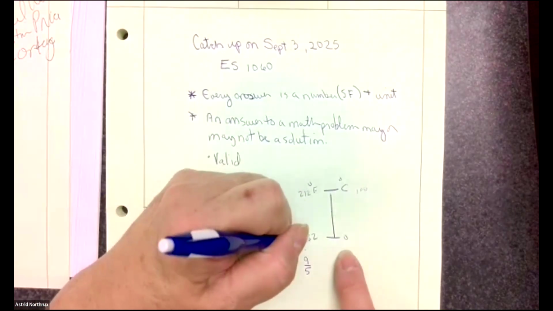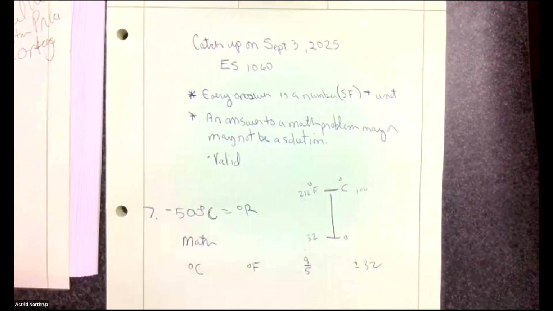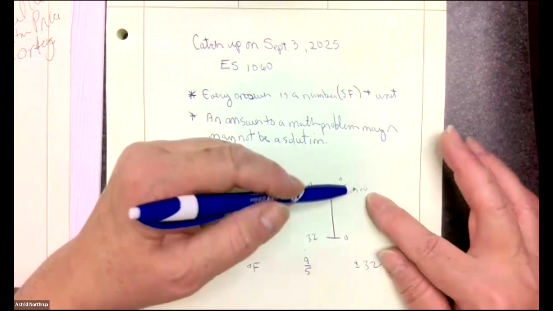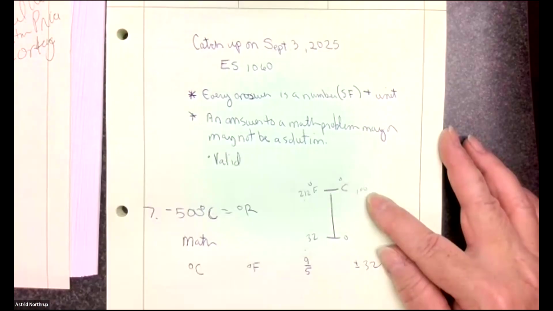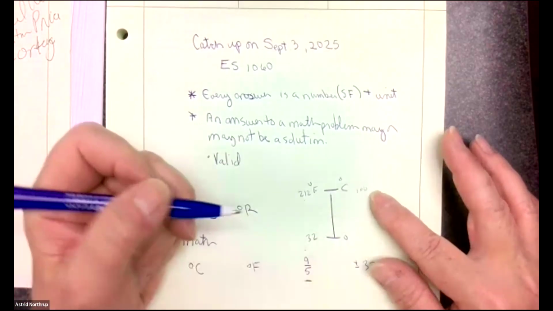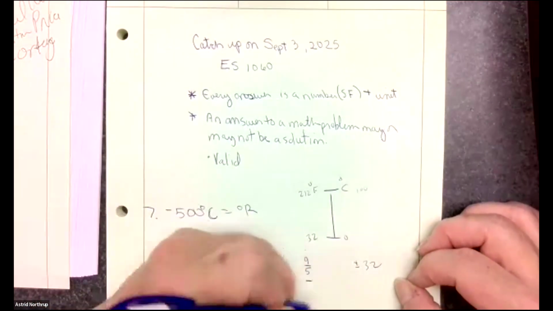We also know there is a factor of plus 32 because of where the 0 comes in. The degrees Fahrenheit is going to be a larger number, and it is going to add 32.